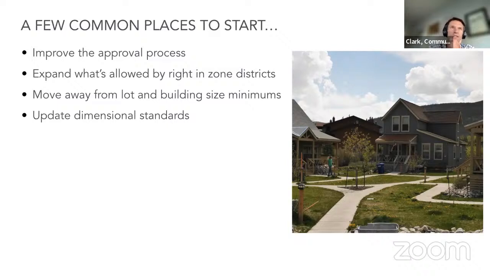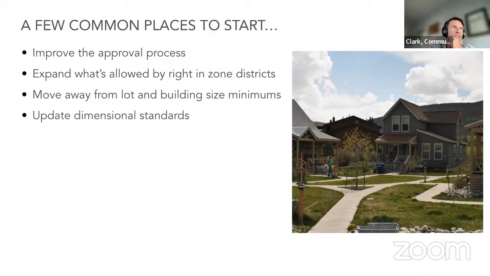Dimensional standards are things like your setback requirements, your FAR, your height requirements, all of these things. We need to make sure they're still realistic and make sense, because sometimes they're just not practical, and they're very ambiguous, or just kind of random.